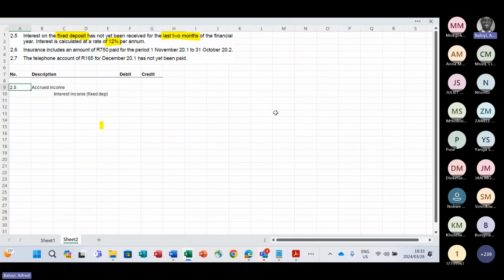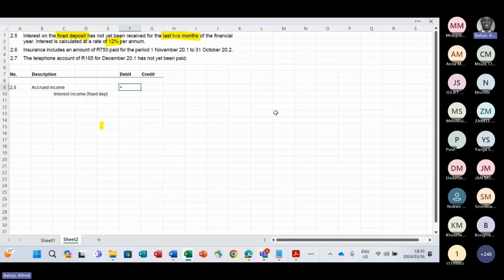So basically, you know that when something is accrued, it's something that should happen in the current year, but it didn't happen. So that's why we say accrued expenses. But this one, we say accrued income, right? So as you can see, accrued income is a balance sheet item, and it's a debit, meaning that it's a temporary asset as well.